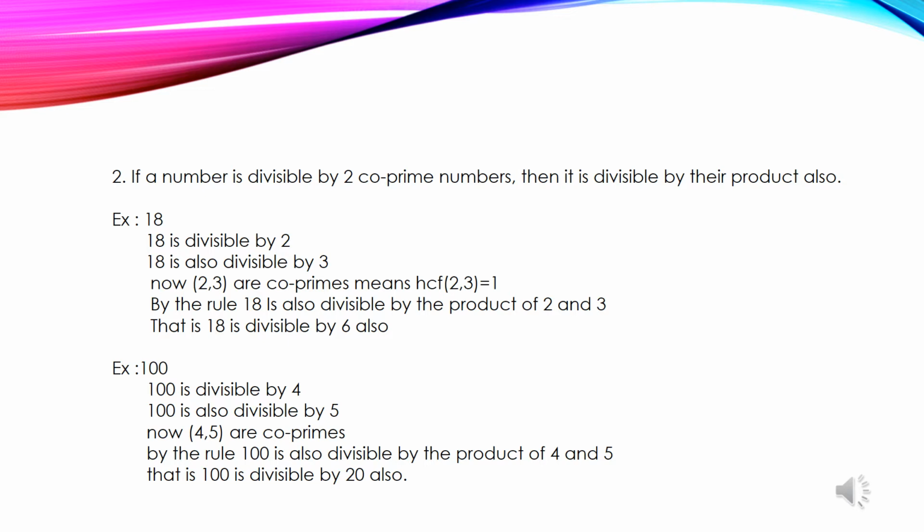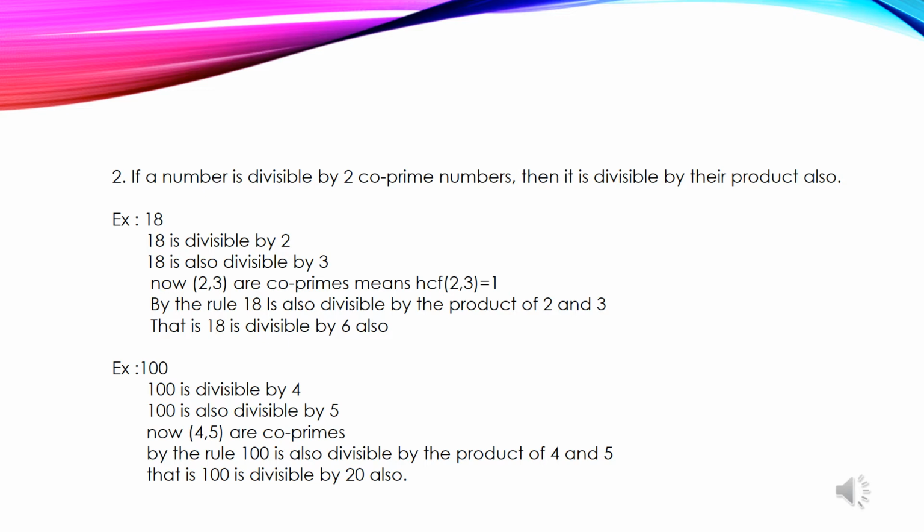Okay, now 2 and 3 are co-primes, right? Because the HCF of 2 and 3 is 1. So by this rule we can say that 18 is also divisible by the product of 2 and 3, that is 6. Means 18 is also divisible by 6. Let us discuss with another example.